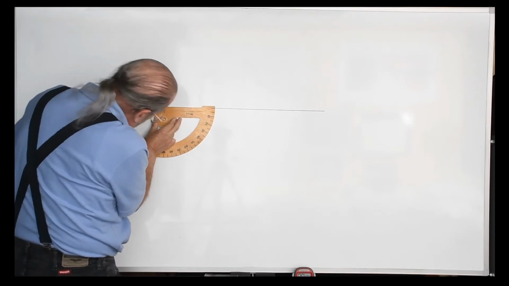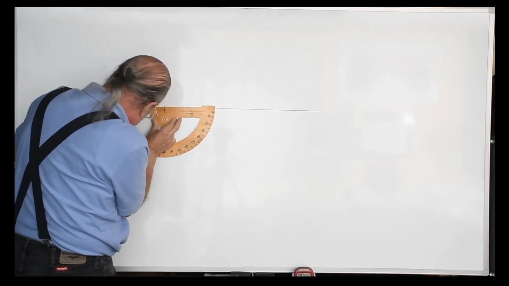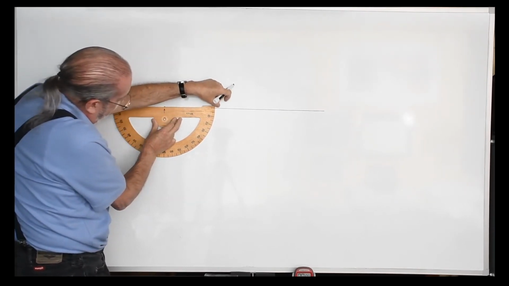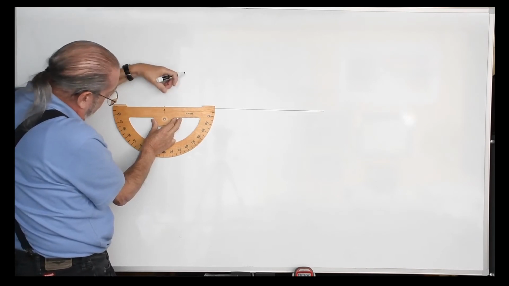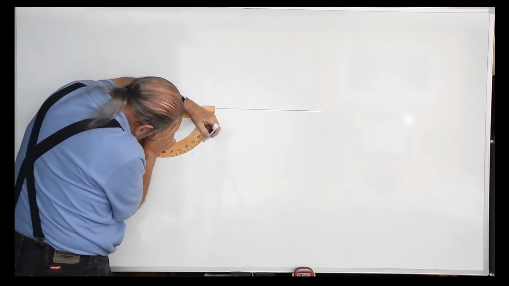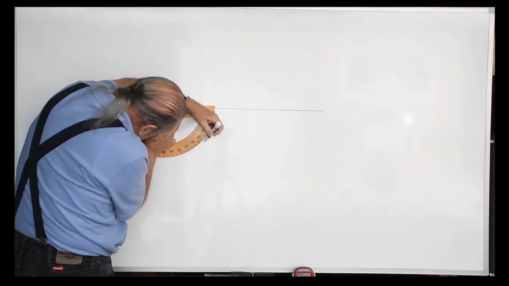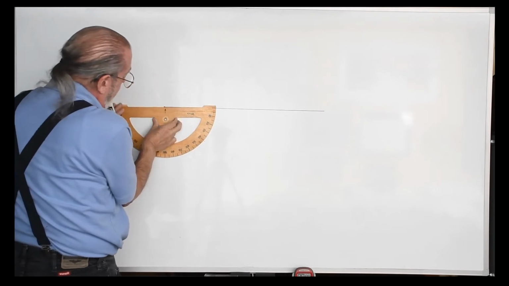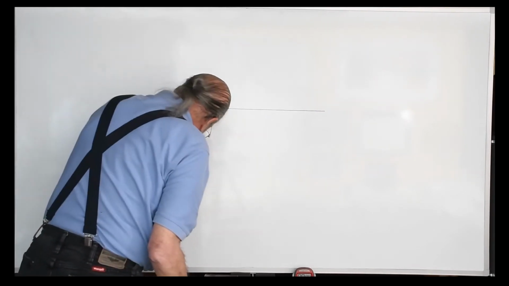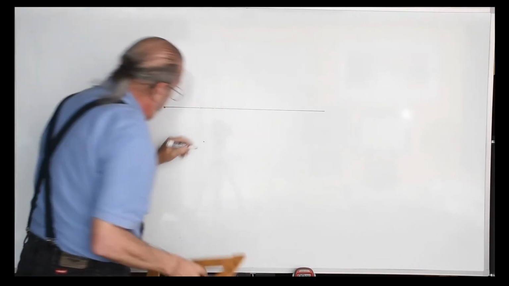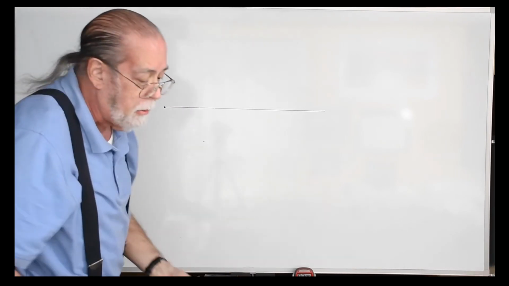Make sure that the 0 line of the protractor lines up with the baseline. This line should line up with the baseline. These should line up. Then we make a tiny mark at exactly the 40-degree position. It might be hard to see that on the camera, but there it is, a nice tiny dot.